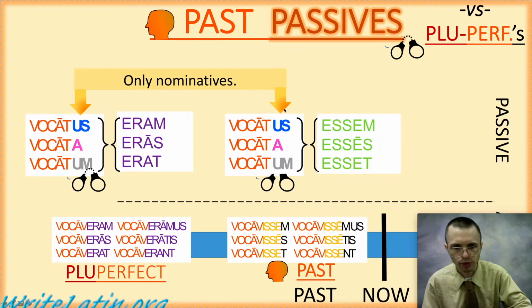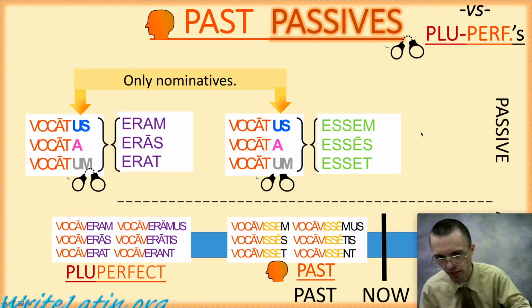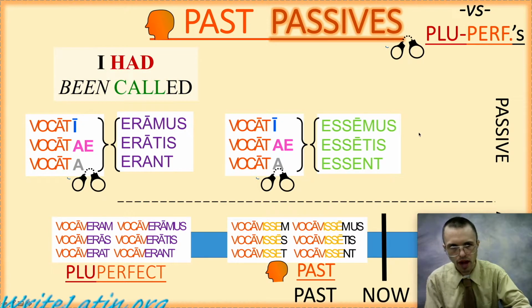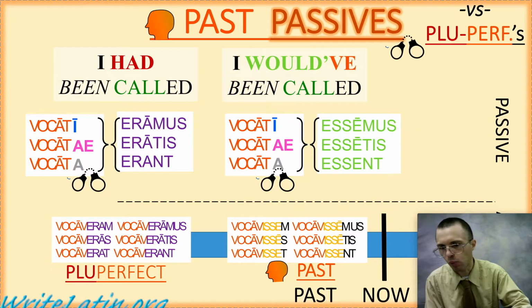Notice also that we only have nominative endings here because the doer of the verb is always a nominative. It is never dative or accusative or anything like that. All right, so I had been called, it's pluperfect, but I would have, might have, should have, or could have been called would be past backward-looking subjunctive.